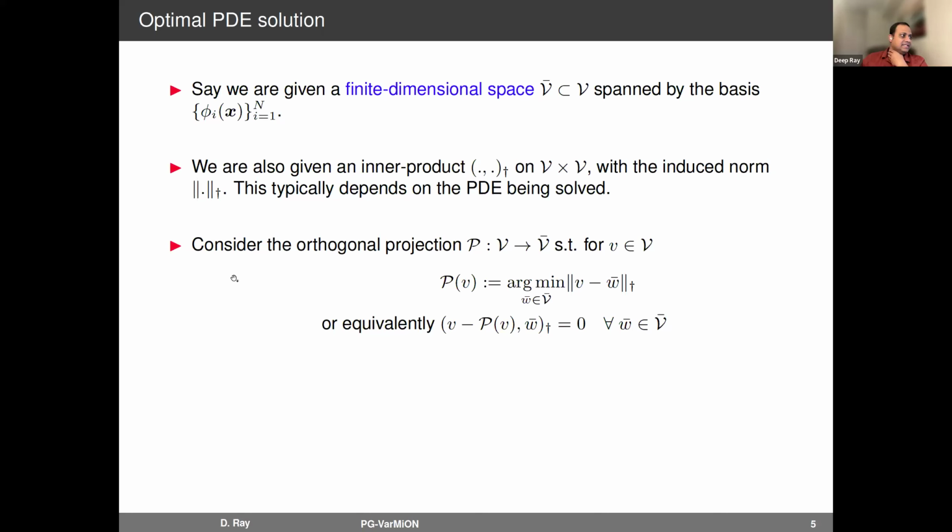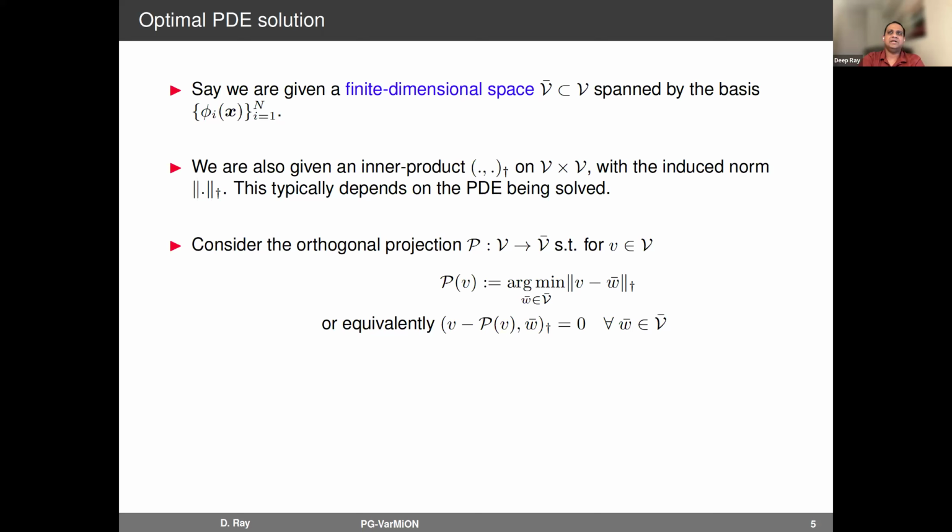Now, let's consider the orthogonal projection P from V to V bar, which is defined such that for any V in this whole infinite dimensional space V, P of V is simply the arg min of V minus W bar measured in this dagger norm, where W bar is a member of the space V bar.